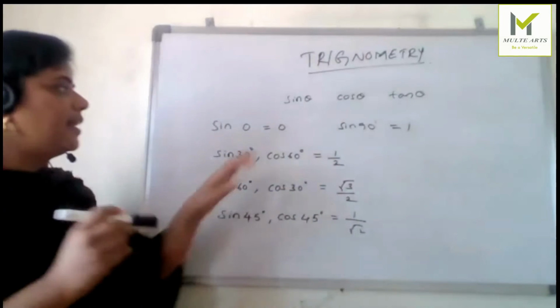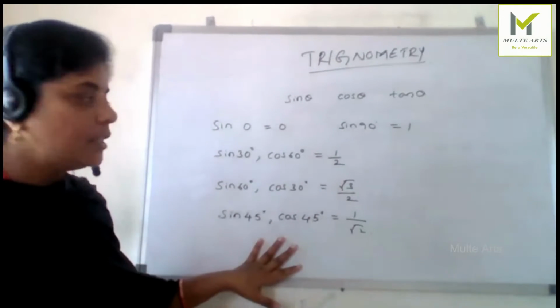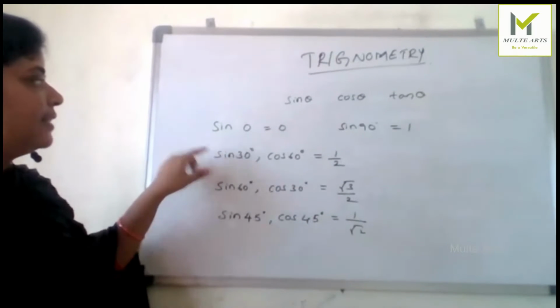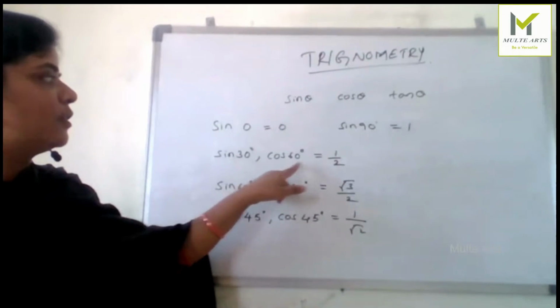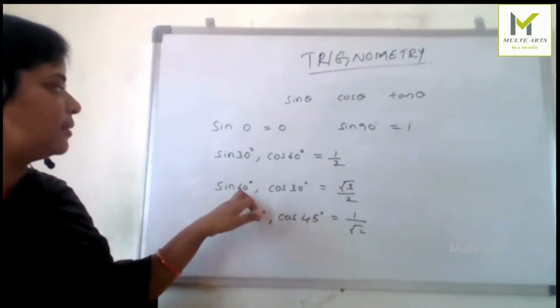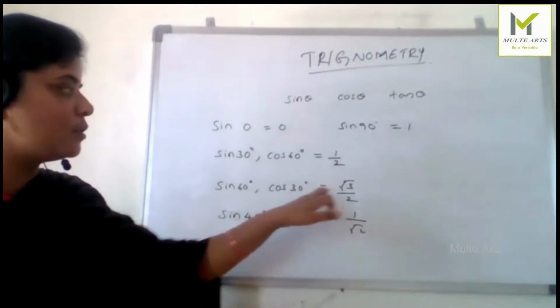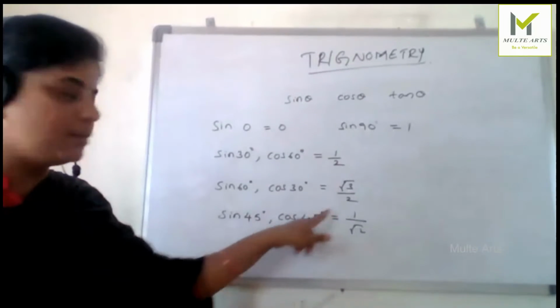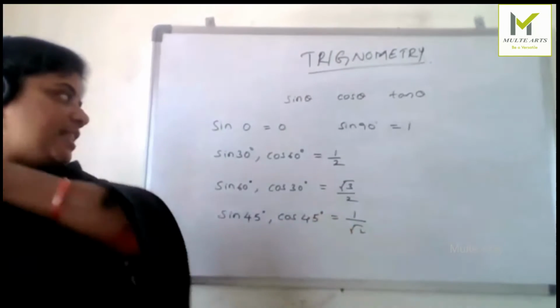We can also make these values in a tabular format, but this would be very easy for us to remember, so I'm writing them together like sin 30 cos 60 is 1 by 2. And similarly sin 60 cos 30 value is also the same, that is root 3 by 2. And sin 45 cos 45, both the values are 1 by root 2.